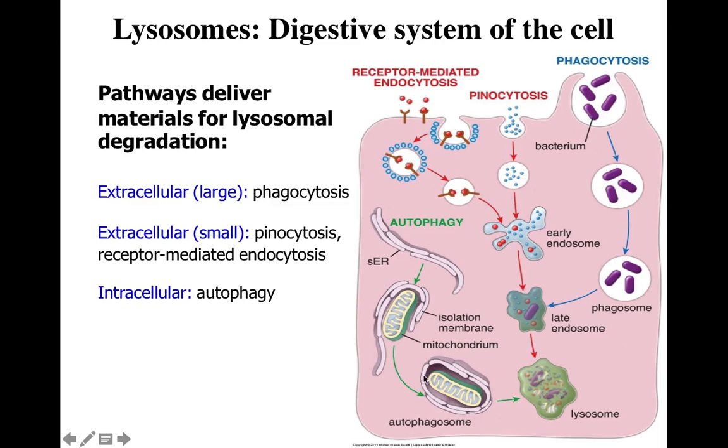The structure of this membrane is identical to the structure of the lysosome, which means these two structures can fuse with each other. The mitochondrion is poured into this lysosome, and then it gets destroyed by the hydrolases that this lysosome contains.